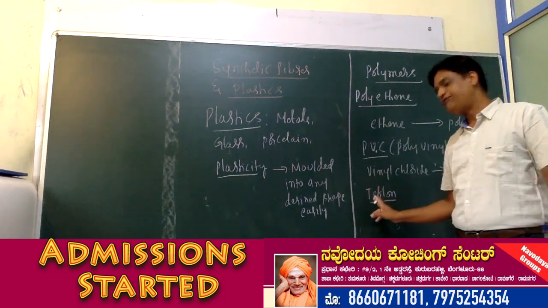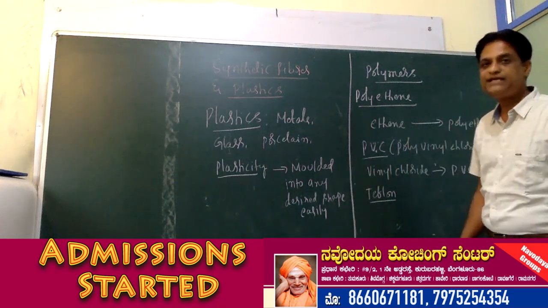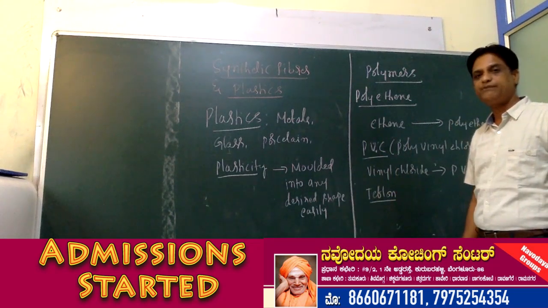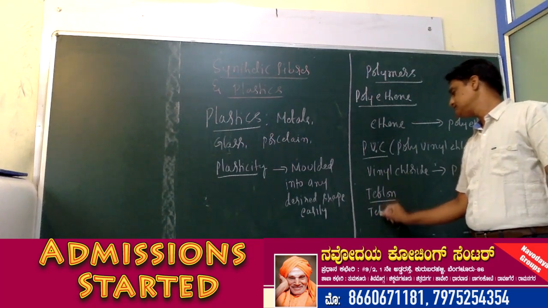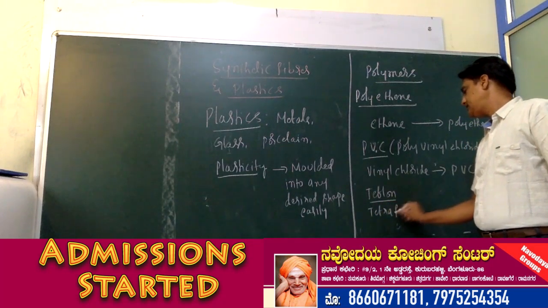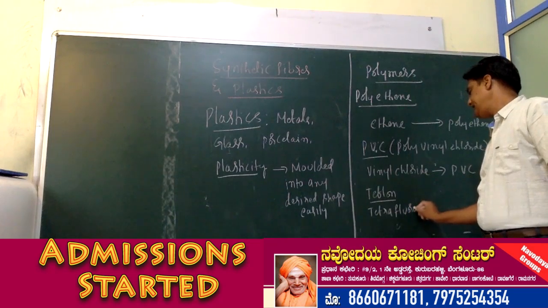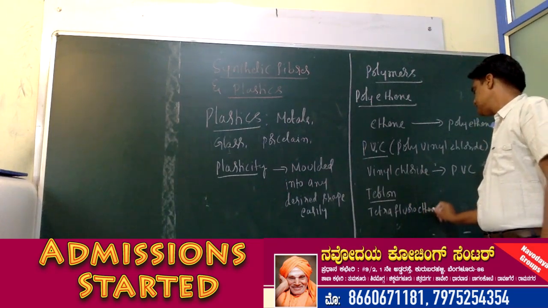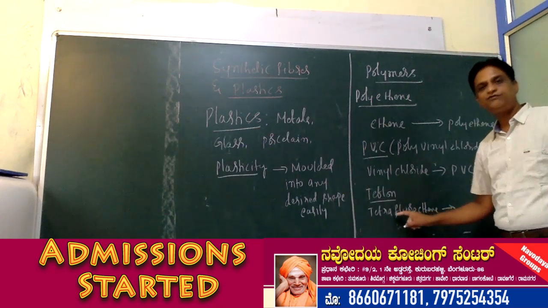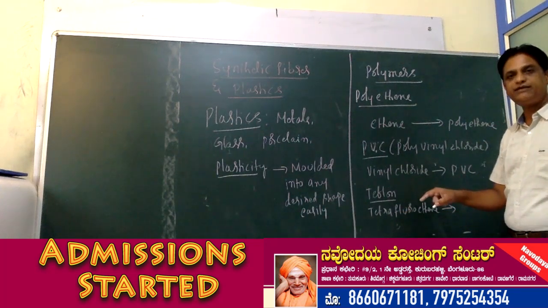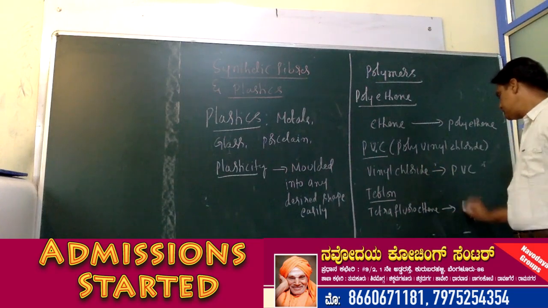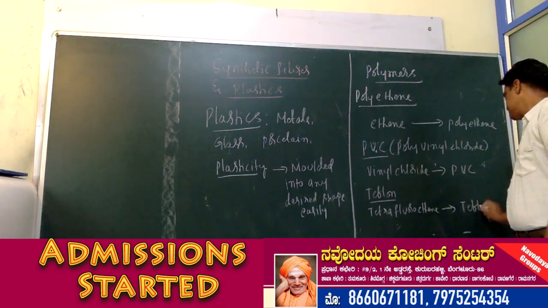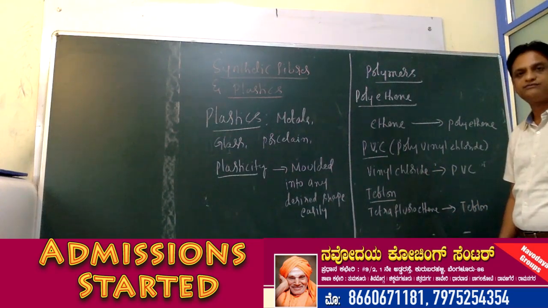That Teflon is actually a plastic. So how is Teflon prepared? Teflon is prepared from tetrafluoroethene. When tetrafluoroethene is subjected to a chemical reaction, these units combine with one another to form Teflon.